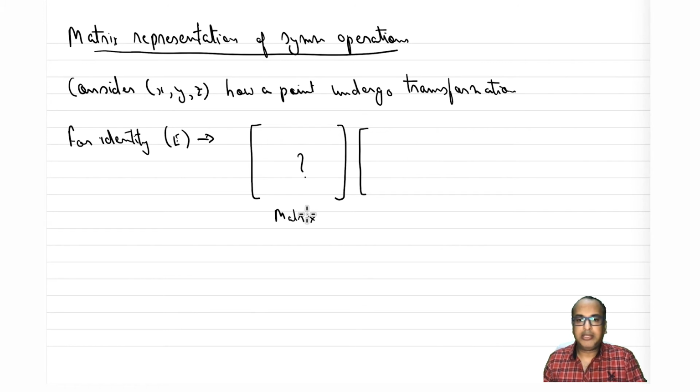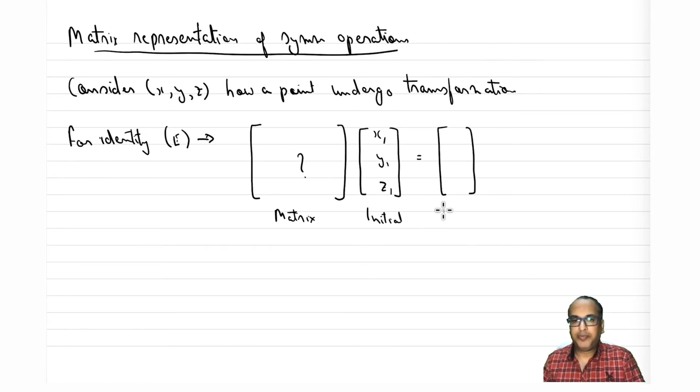Now the initial coordinates of a point are x1, y1, z1. This is the initial location of the point, and this is the final, new location we can say.